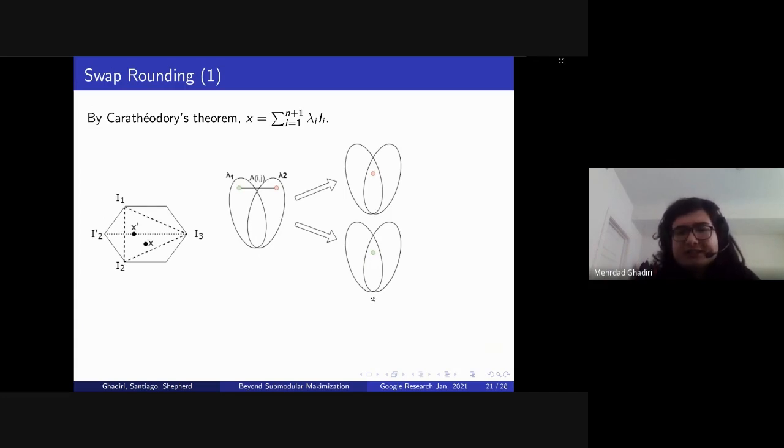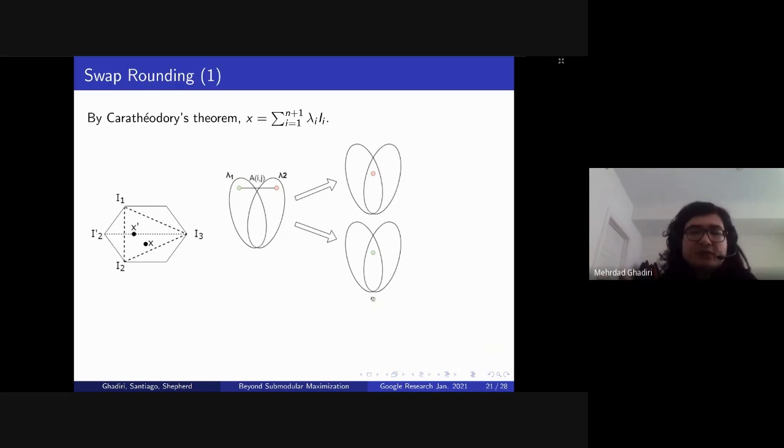Because this is a matroid, by the strong exchange property, there are two elements in these bases that I can swap. It's not exactly a swap. It means that I can remove, let's say, the green element from I1 and add the red element, and it is still a base of the matroid.